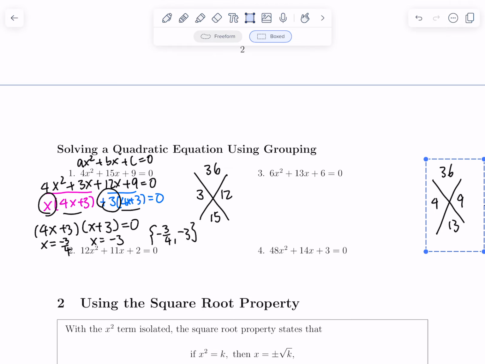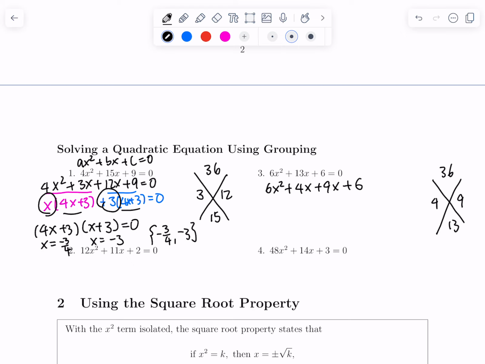And we are going to rewrite the second term. So we have 6x squared plus 4x plus 9x plus 6 equals 0. We're going to factor the first two terms: 2x times 3x plus 2.